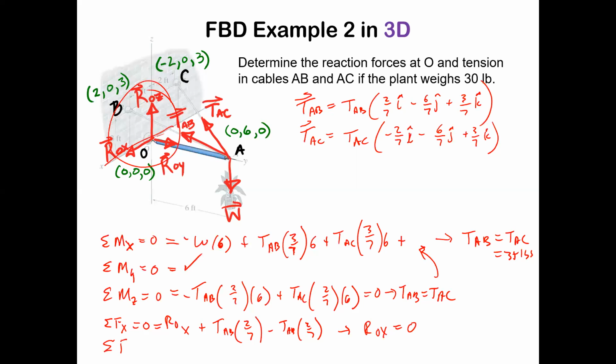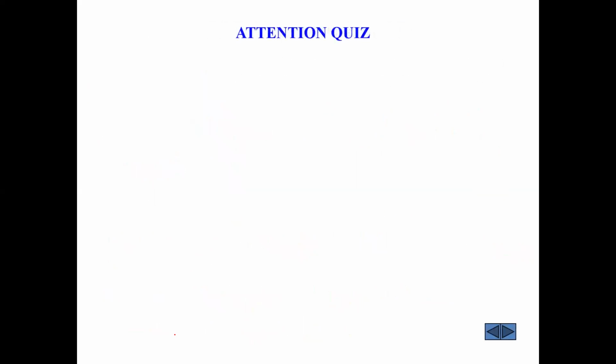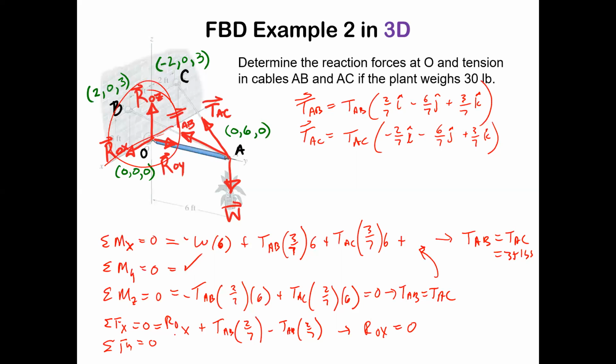And the sum of the FYs equals 0. I'm running out of room. The sum of the FYs equals 0 is also going to show that the ROYs, there's going to be a leftover for the ROYs, so the Y forces are going in there, right? Because these are both pushing in, the ROY is going to have to push out to counter that.